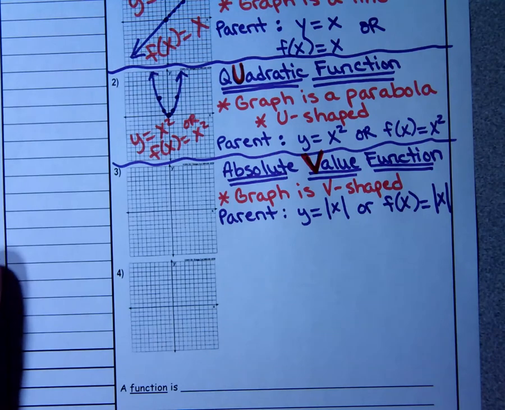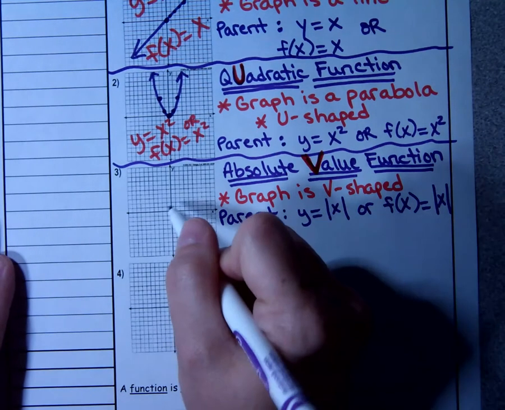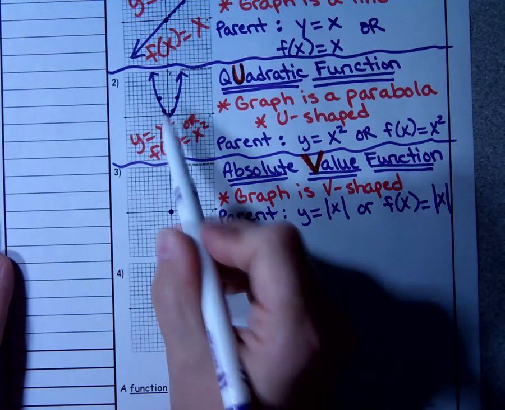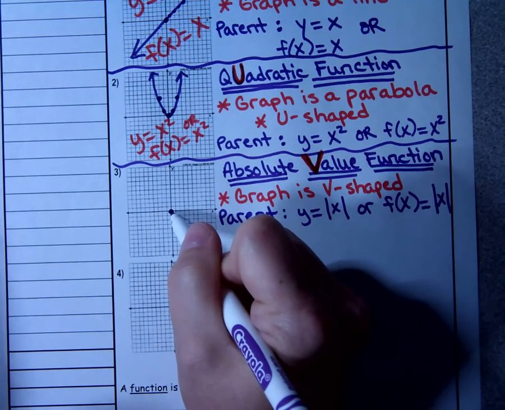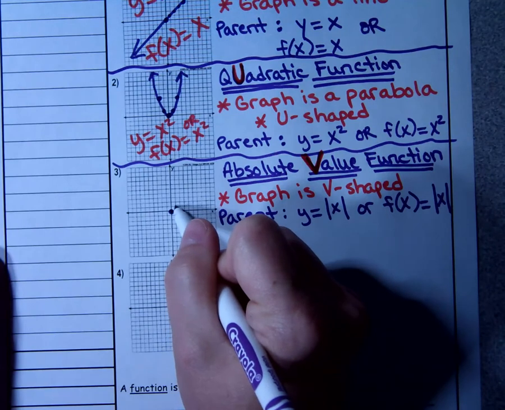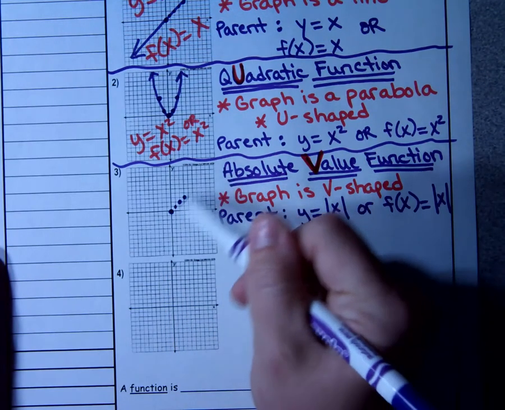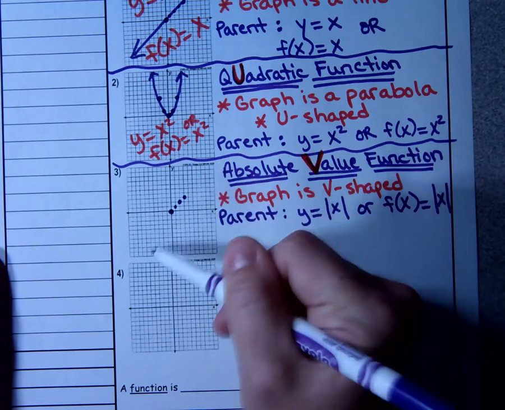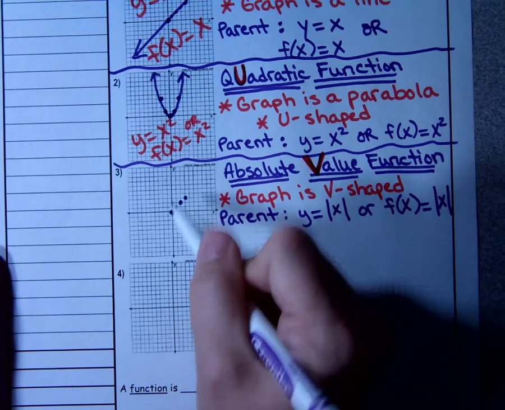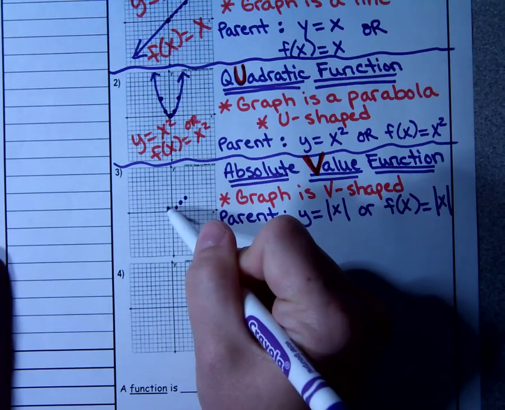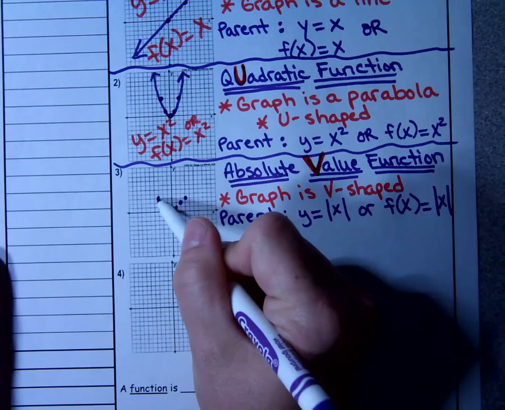So let's go ahead and draw a picture of this. It also has a vertex at 0, 0, just like the quadratic function, and it has a slope of 1. So it goes up 1, right 1, up 1, right 1, up 1, right 1, kind of like our linear parent function did. But because it's a V, I'm going to go the other way too. So I come back to my vertex here, and I'm going to go up 1, left 1, up 1, left 1, up 1, left 1.